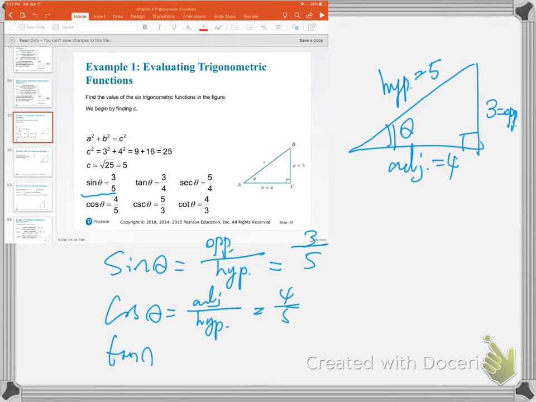And tangent is opposite over adjacent, so this is 3 over 4, not 5. Then flip them, you get the other 3. You flip sine, 3 over 5, you get 5 over 3. You flip cosine, you got secant. You flip tangent, you got cotangent. Okay?